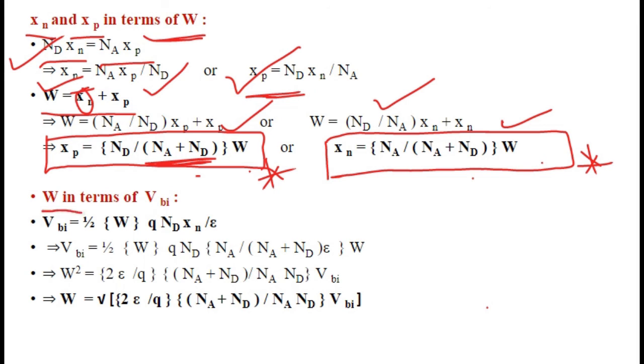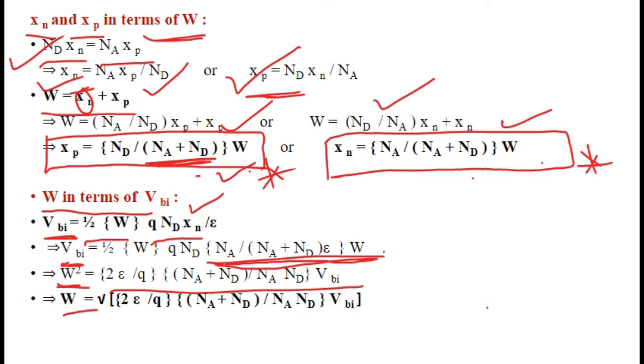Lastly, we will find out W in terms of the built-in voltage. So the built-in voltage, as we have proved in the previous section, is half of W times Q Nd xn, or Q Na xp, divided by epsilon. So in order to find it completely in terms of VBI and W, we can substitute xn in terms of W, and further simplify and find what is W square.